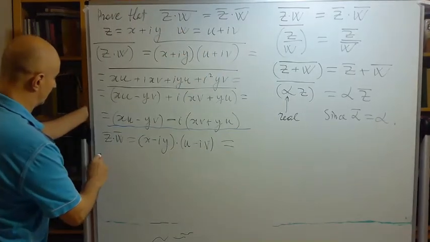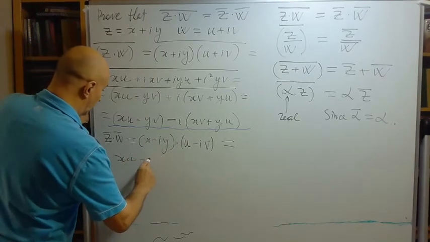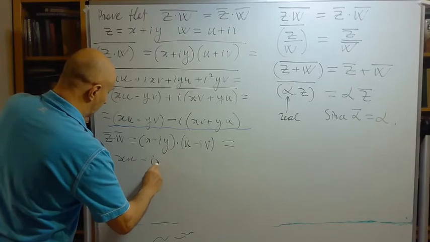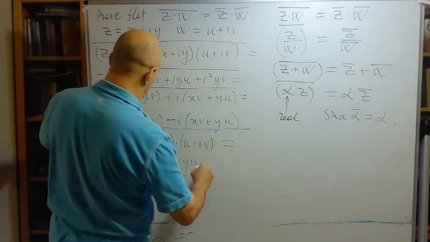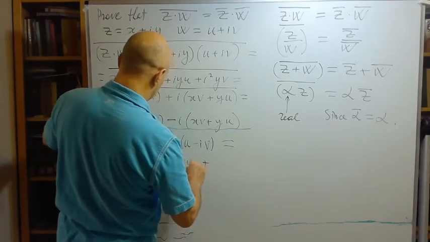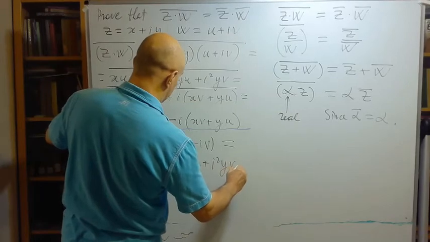So it will be xu minus i xv minus i yu, and plus, because it's minus times minus, i squared yv.